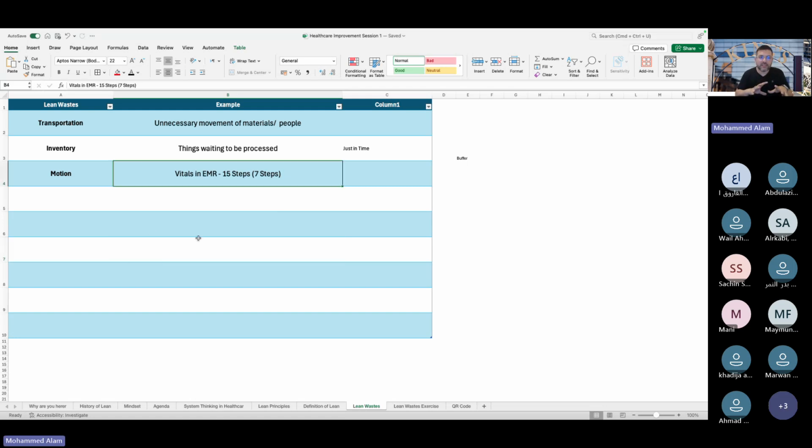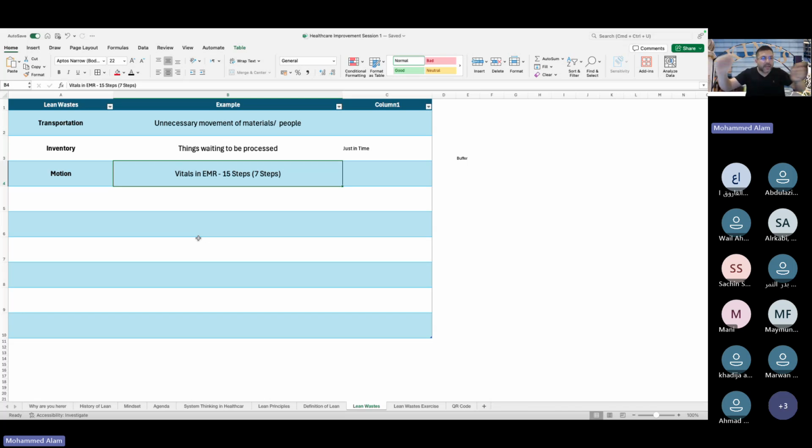Another example of motion waste is in an inpatient area, where the nurse has to pick multiple consumables. One consumable is on the right side, another is on the left side, and the third is 50 meters away in another storage area in a cabinet.